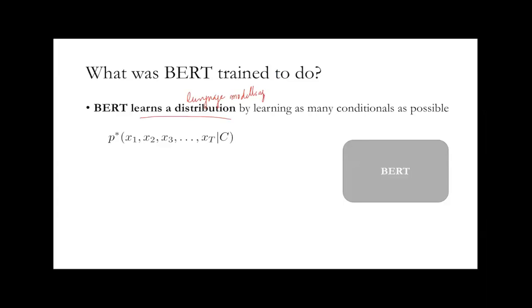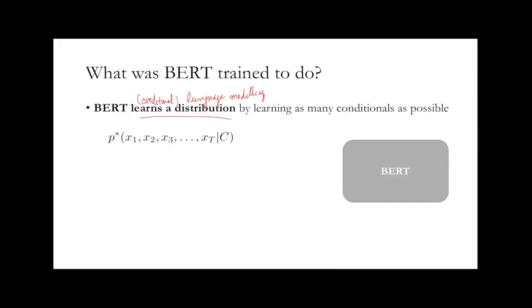So the fact that BERT learns a distribution means that BERT is a language model. However, how it learns is a bit peculiar. We're always going to look at the conditional language model, although a usual language model is just a conditional language model with an empty source sentence, so it's all the same thing.